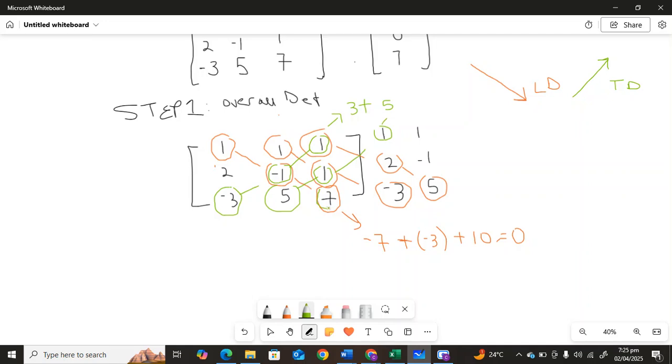Then 7 times 2 times 1, we get 14. So you put plus 14. 3 plus 5, 8. 8 plus 14, we get 22.